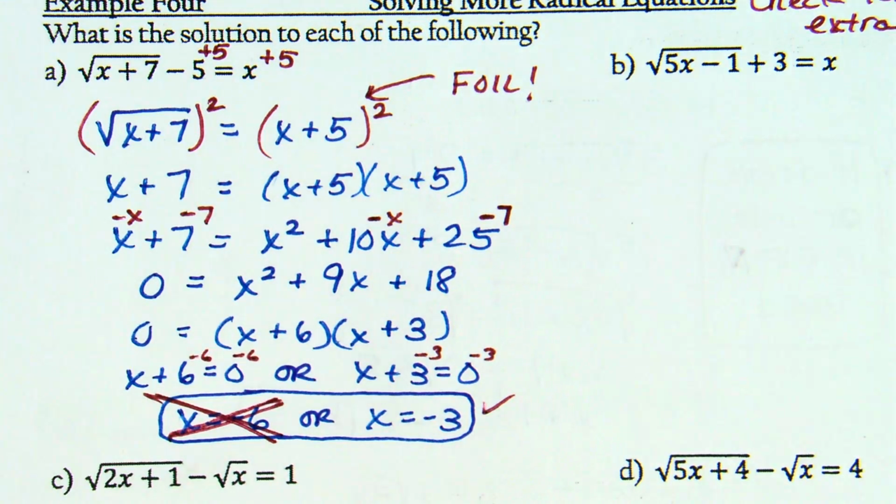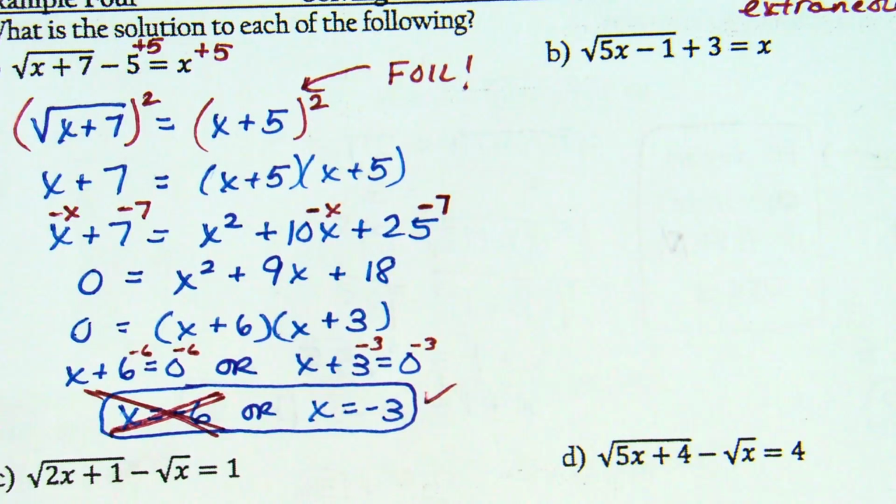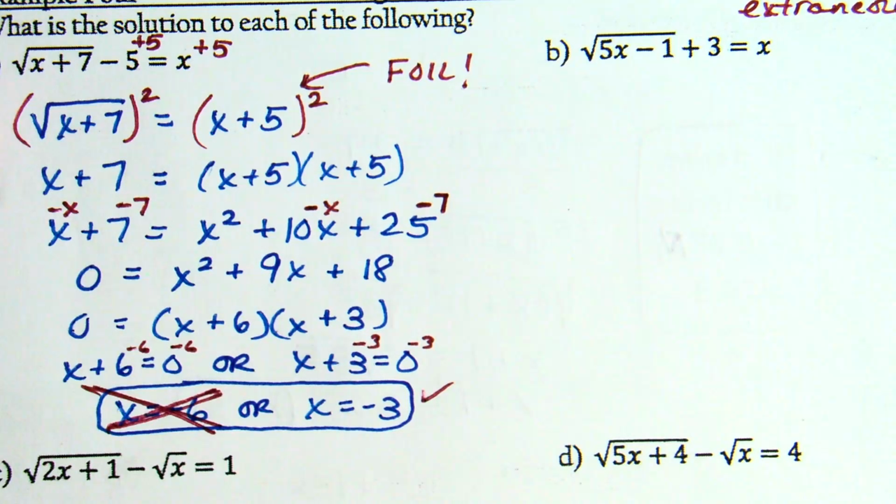Okay, example B. Square root of 5x minus 1 plus 3 equals x. You know better what you're doing this time? What's step 1? Okay, isolate the radical. Get the radical by itself. What has to move for that to happen? How do we move that plus 3?